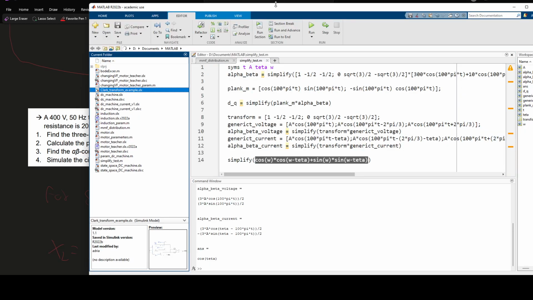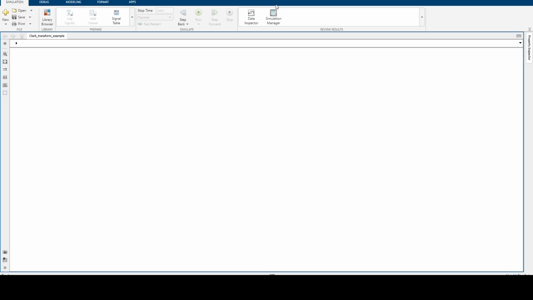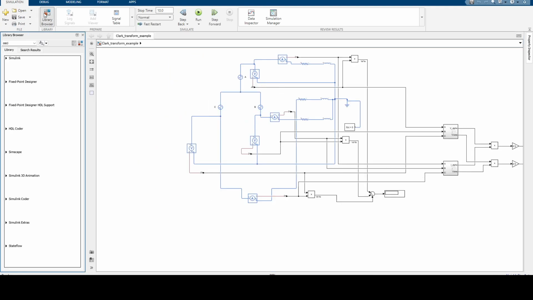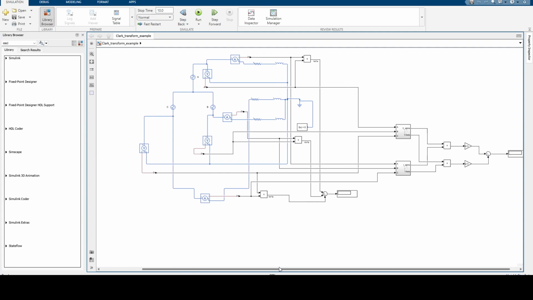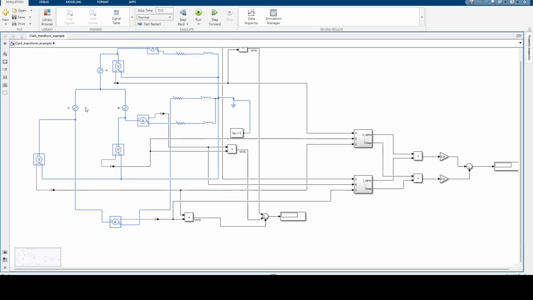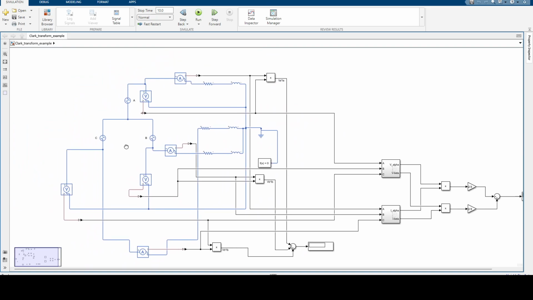For MATLAB, I just downloaded a package that allowed me to use inductors and resistors. This package is called Simscape. Sorry for how disorganized it is. I'm going to try to go piece by piece so it makes a little more sense.